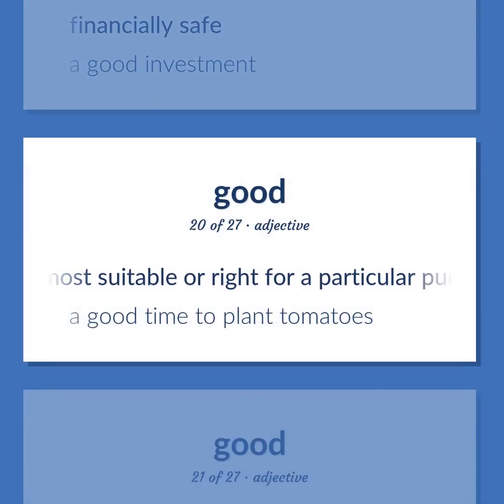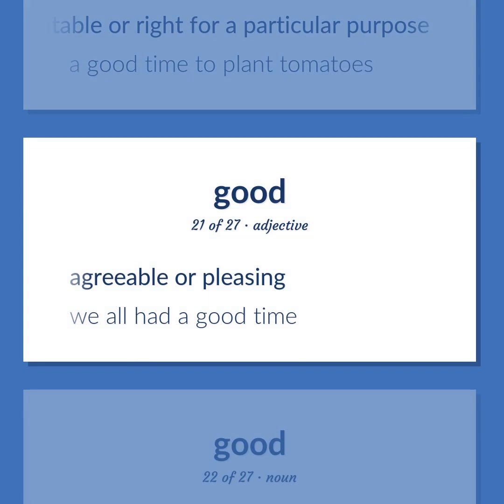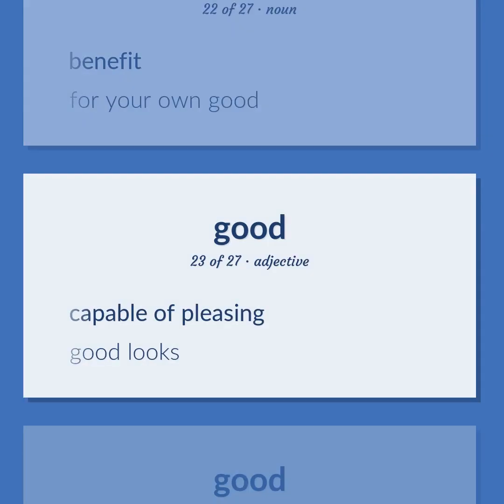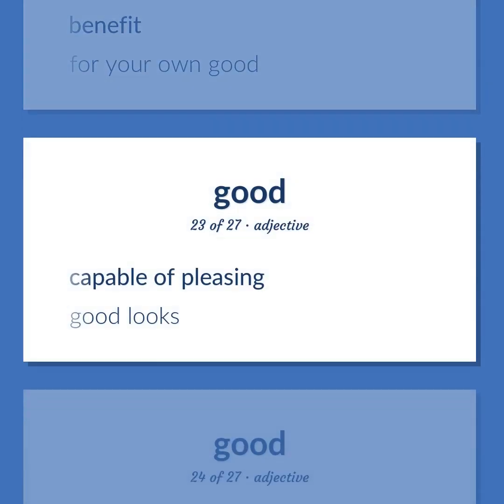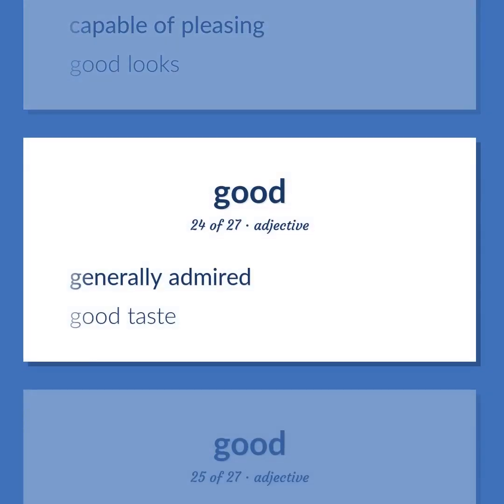Most suitable or right for a particular purpose. A good time to plant tomatoes. Agreeable or pleasing. We all had a good time. Benefit. For your own good. Capable of pleasing. Good looks. Generally admired. Good taste.